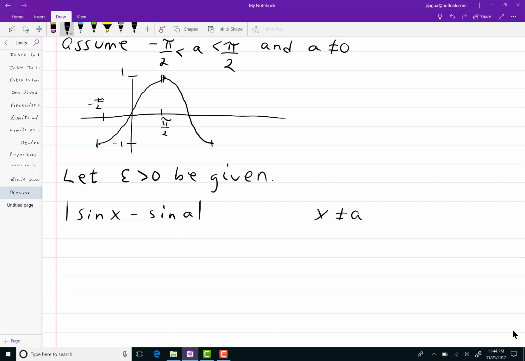If x is not equal to a, then x minus a does not equal 0. And what I want to do is let h, the letter h, equal x minus a. So h is going to measure the difference between x and a. Otherwise, h plus a equals x. That's the way I want to look at it.